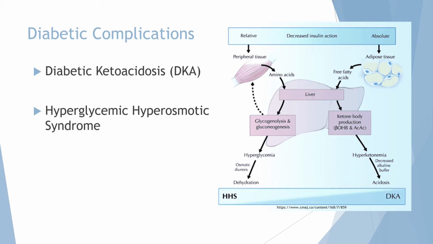HHS, on the other hand, is an emergency typically observed in older populations, and the cause is usually a very high osmolarity from high blood sugars. There are no ketone bodies or significant alteration of blood acid levels, but this complication is from the body desperately trying to eliminate the high blood glucose through other means, and this time it is through the kidneys.